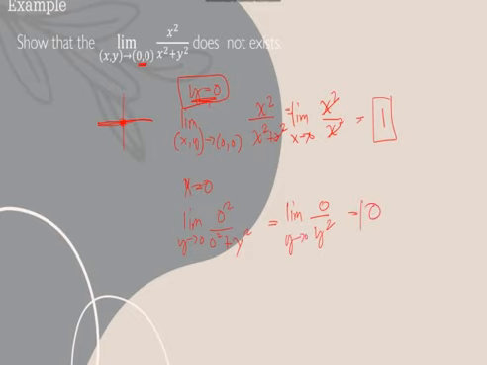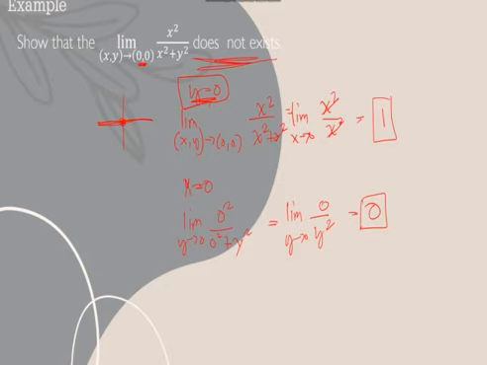This is 0. Now, since atong left sa x-axis nga approach and y-axis nga approach, we received two different answers. This means that the limit does not exist.